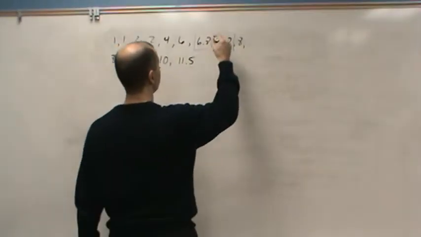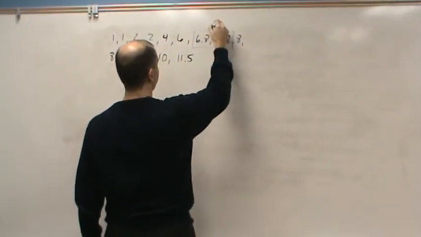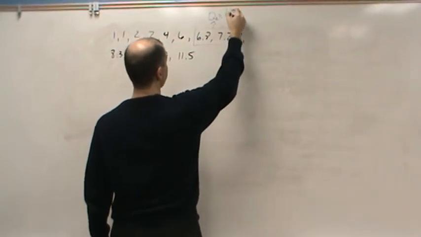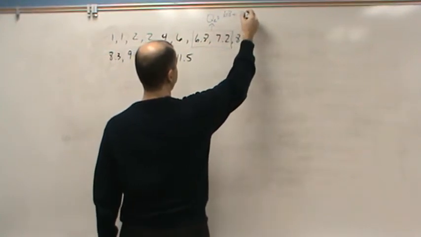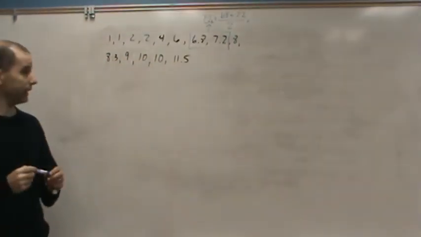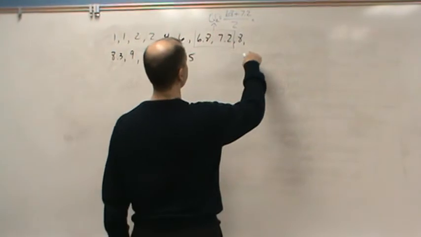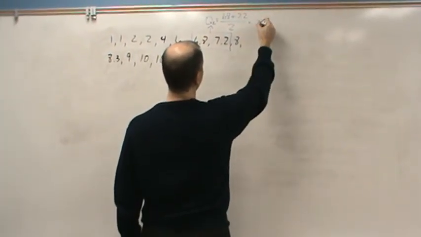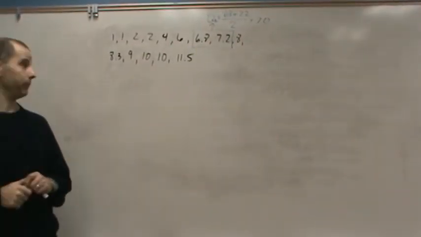I'm going to average these two, so Q2 equals 6.8 plus 7.2 divided by 2. And what do I get for my median, Q2? I get 7.0.